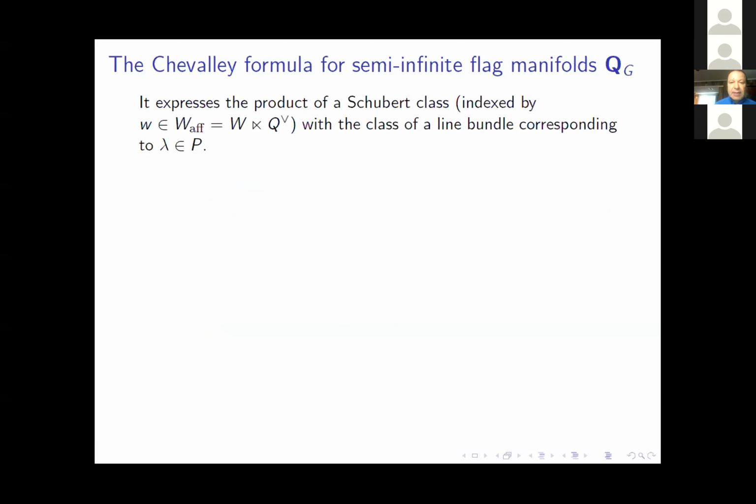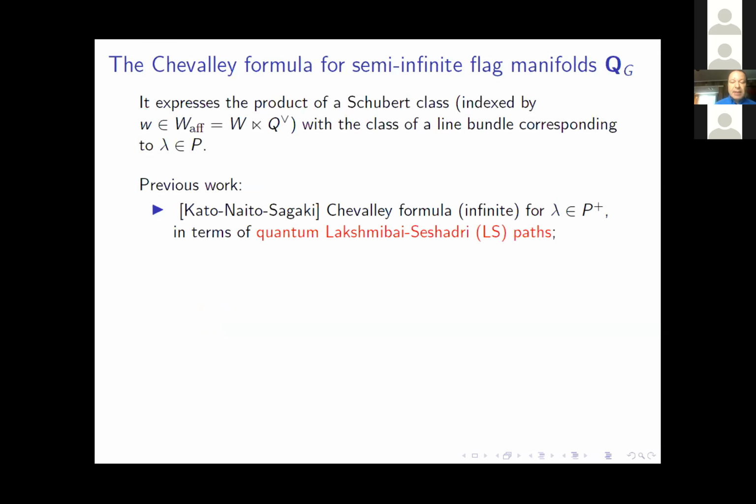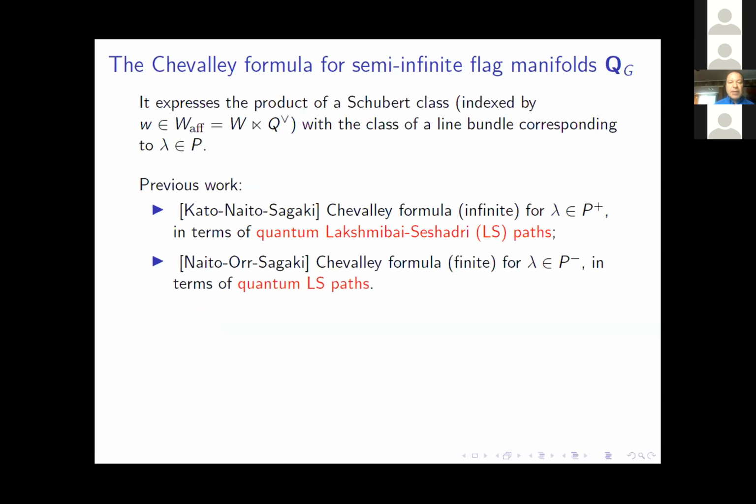Now we have a Chevalley formula for semi-infinite flag manifolds. As I'm a little bit short on time, I will not give many details on this. Very briefly, we use Chevalley formulas for dominant weights and anti-dominant weights of Naito, Sagaki, Kato, Naito, Sagaki, and Orr, which are expressed in terms of a continuous model called quantum Lakshmibai-Seshadri paths.